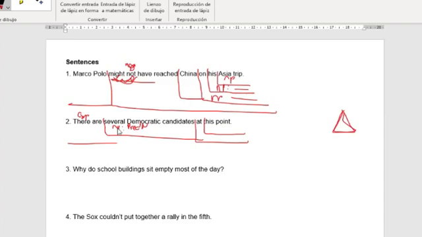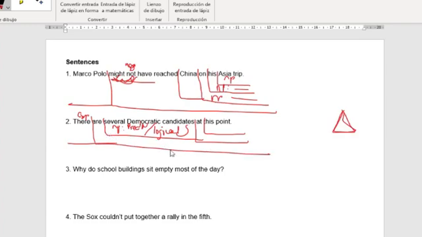But then it's the noun phrase predicate noun, but at the same time it's the logical subject. Why? Because you say several Democratic candidates are at this point. So this is the logical subject. So are, this is what?